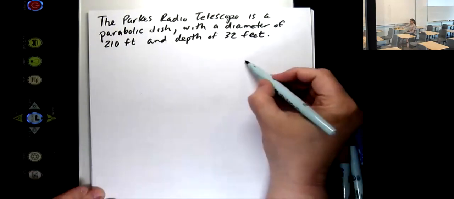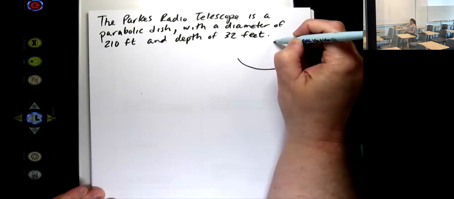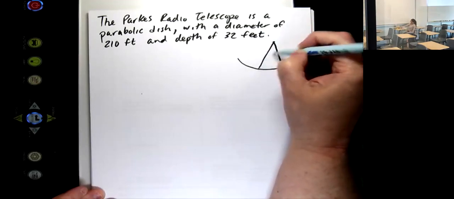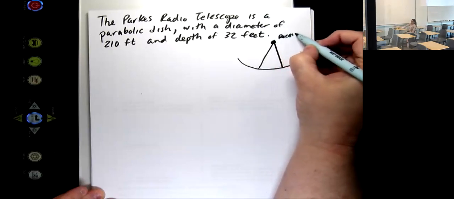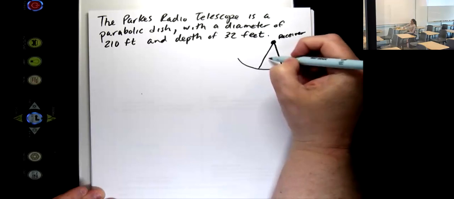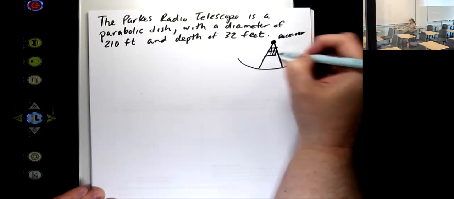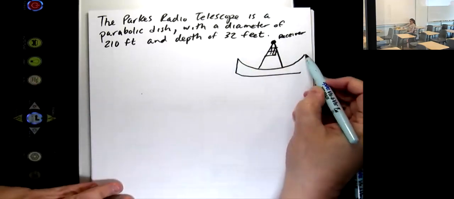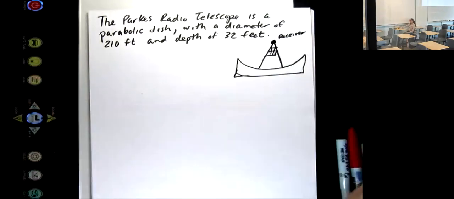So it looks kind of like this. There is a little radio tower holding this up. This is the transceiver or receiver, held on by like a grate. And that's our dish. I don't know what the bottom of the dish looks like. This probably should be rounded, but I didn't do that.